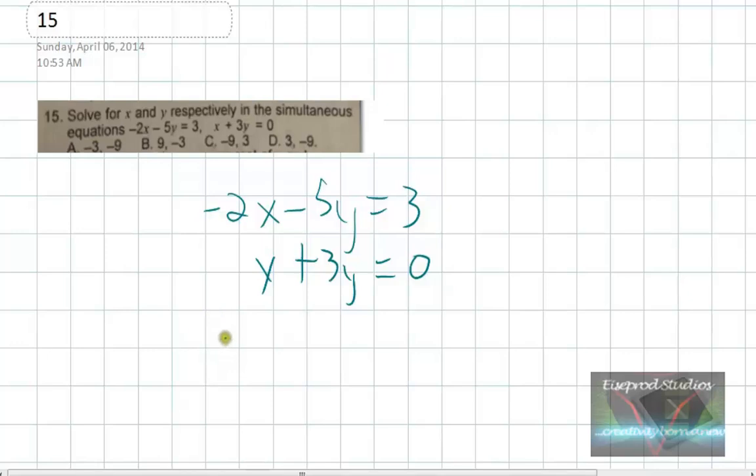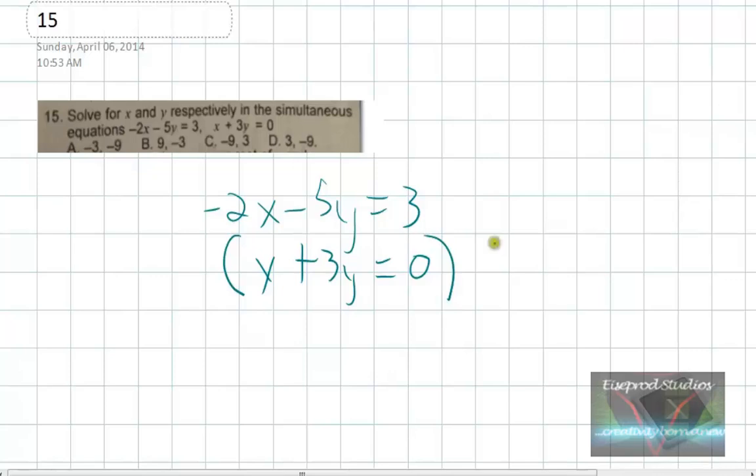So what I want to do is find a way to manipulate either one of these two so that I can start canceling one variable and solving for another. So the best option that I see right now is to multiply this second equation by the number negative 2.